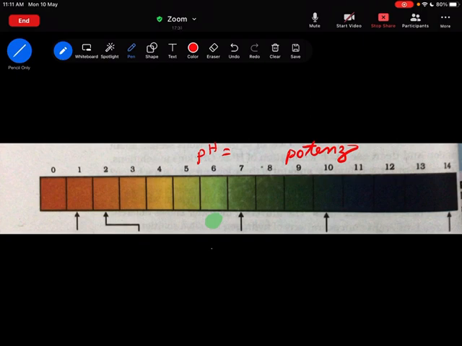So on this pH scale, we can measure pH generally from 0 to 14. 0 means highly acidic, that is very acidic. 14 is highly alkaline, very alkaline.